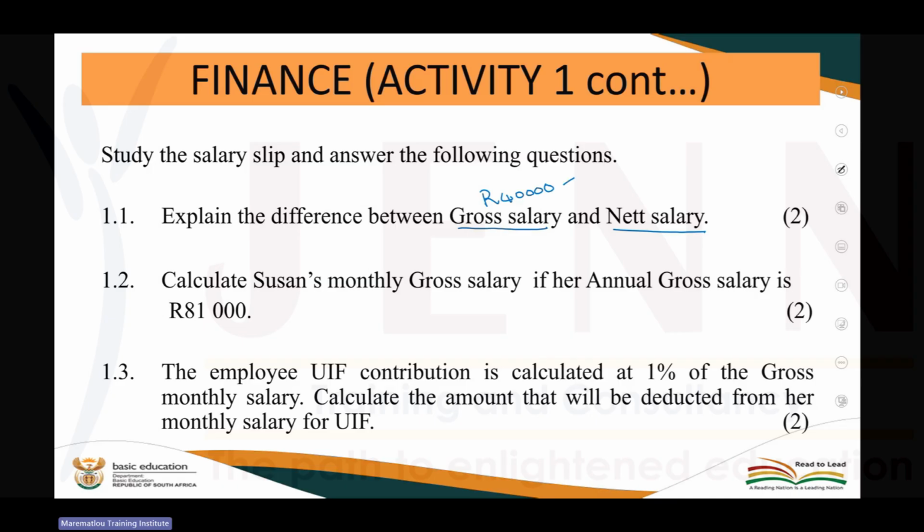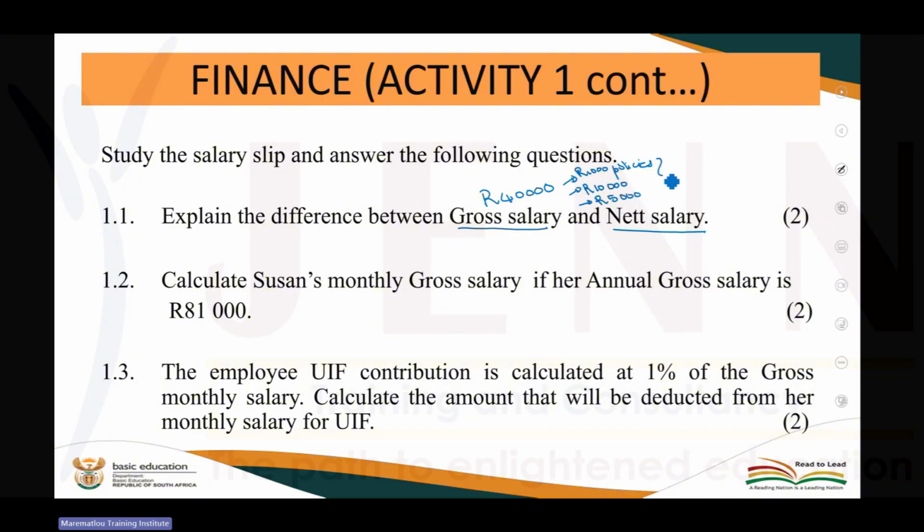After deducting, remember we deducted 1,000 for the policies. We deducted how much for the house? How much? Are you following? 10,000. Say yes, thank you very much. And the car, we're paying 5,000.